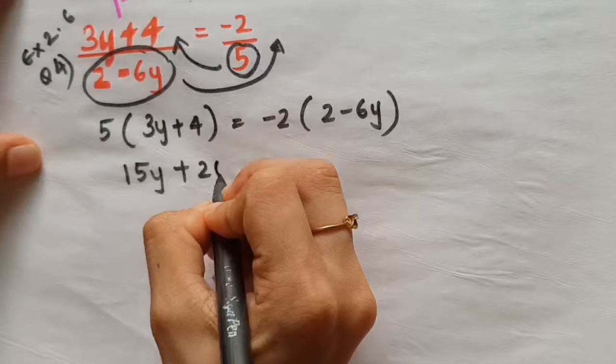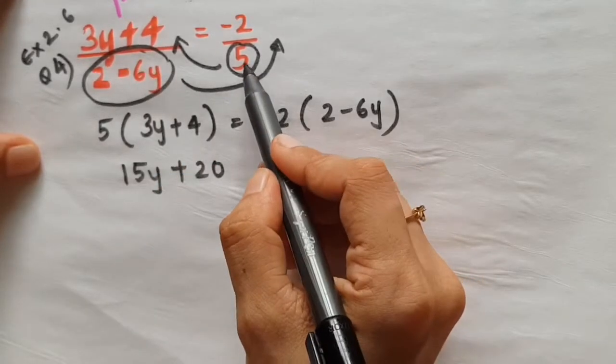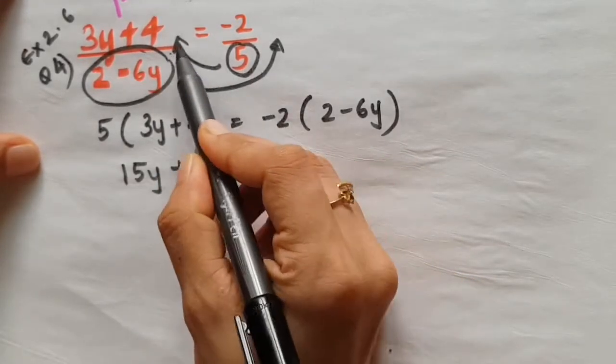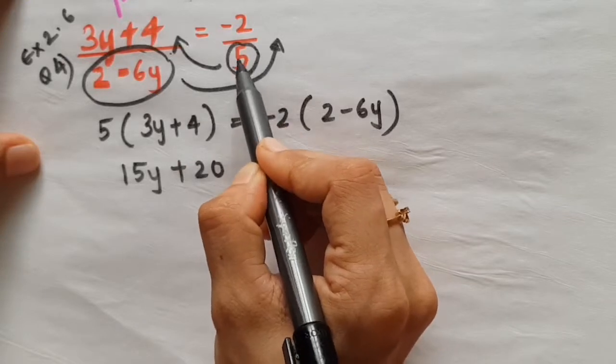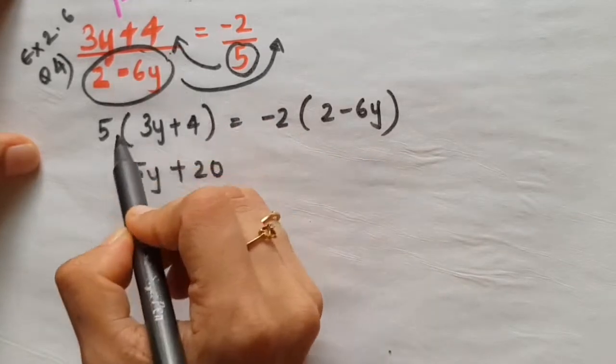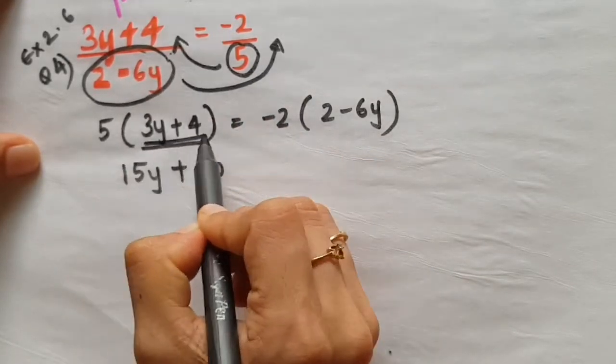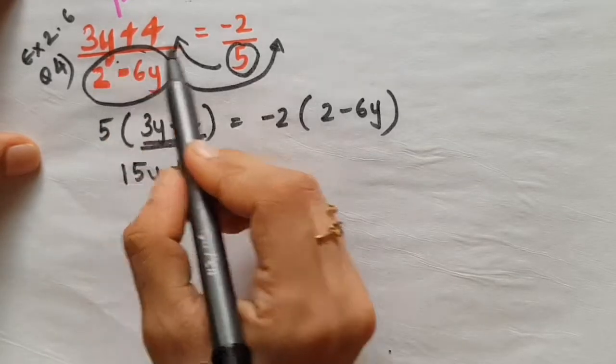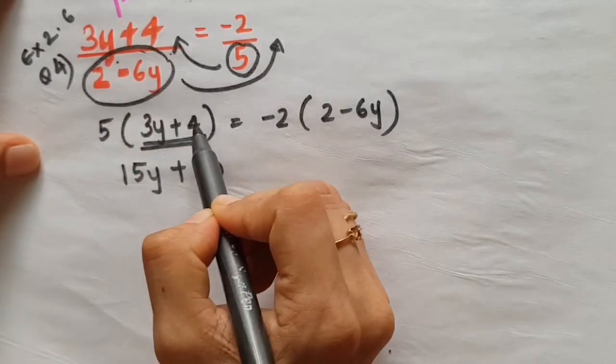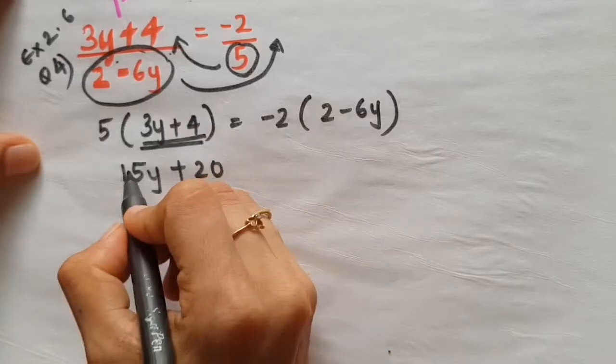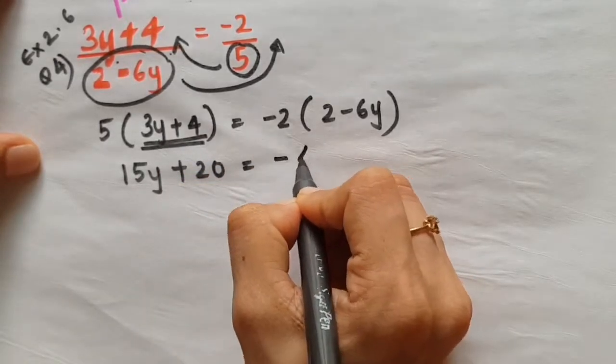So don't do that mistake. When you're taking this divided by 5 to this side, you have to multiply the whole term with it. It's not just the first term. You have to multiply the second term also with it. Okay, is equal to minus 4.